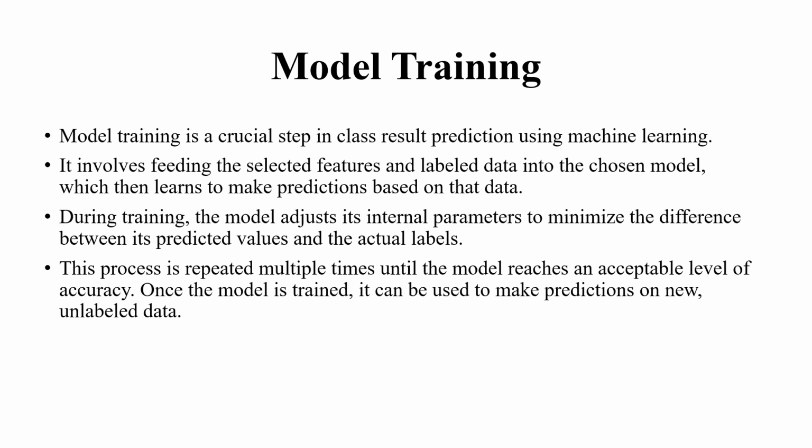During training, the model adjusts its internal parameters to minimize the difference between its predicted values and actual labels. This process is repeated multiple times till the model reaches an acceptable level of accuracy. Once the model is trained, it can be used to make predictions on new unlabeled data.